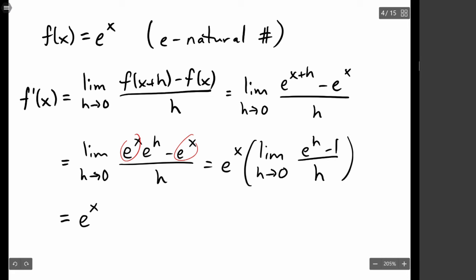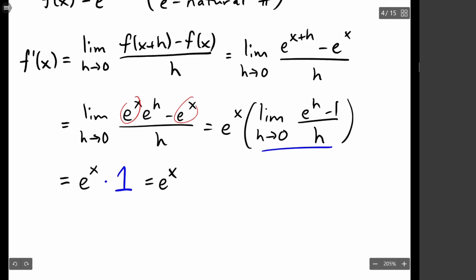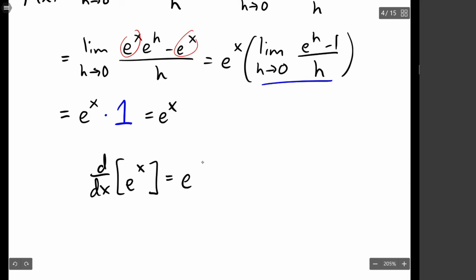Do it numerically. Make a table of values and see what's happening here. But you'll find that this should be going to 1. Right? And so we just get e to the x. That is the derivative of e to the x, just e to the x. That's it.